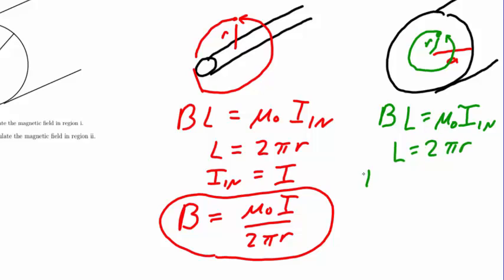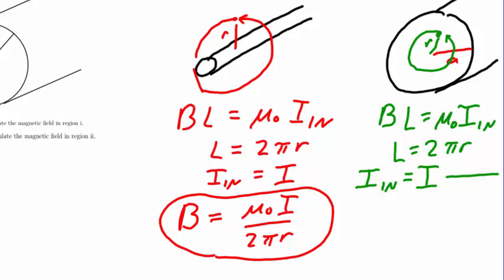However, this time, the current enclosed by the Ampere's path is not the entire current, but only some fraction of it. To deduce the appropriate fraction, we recognize that the Ampere's path essentially acts like a cookie cutter applied to a sheet of cookie dough. The piece that we have selected represents some fraction of the total area.